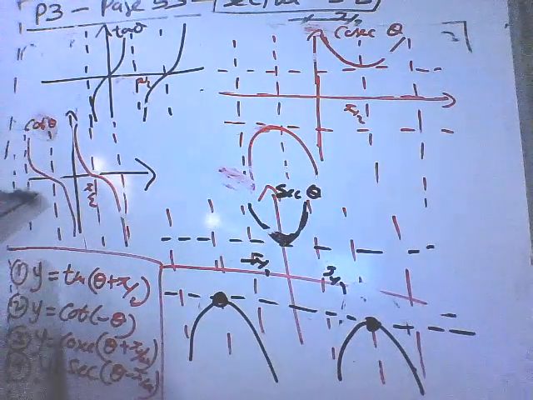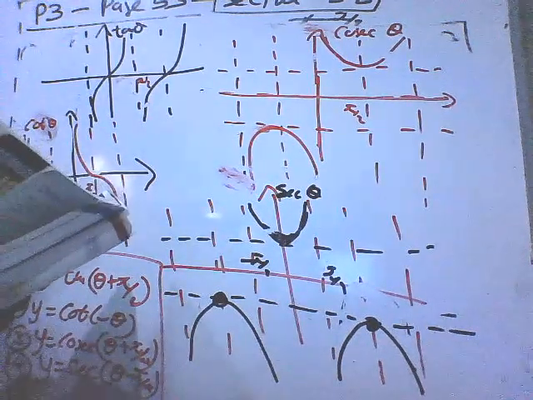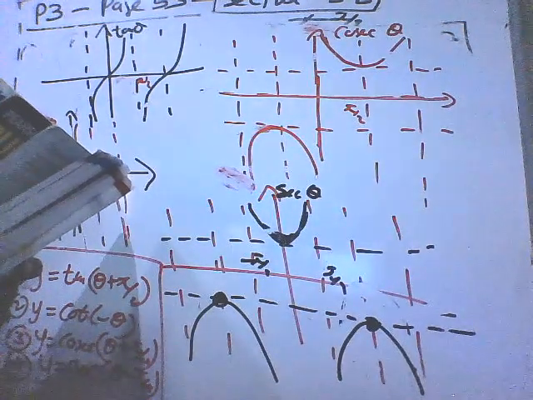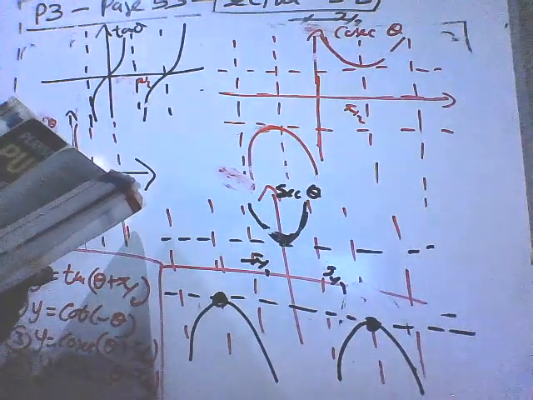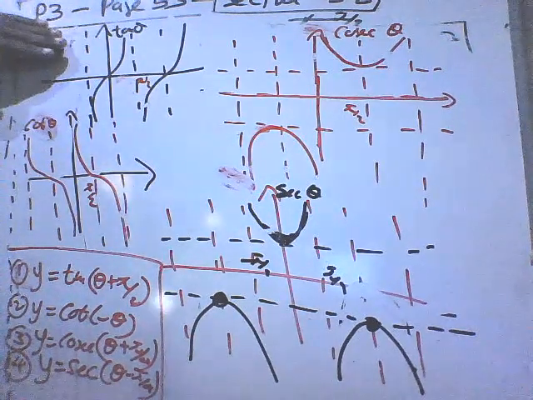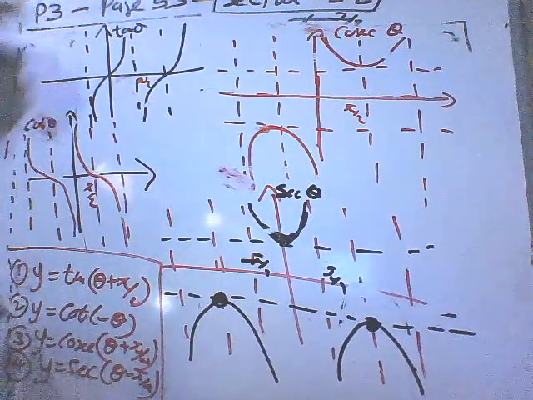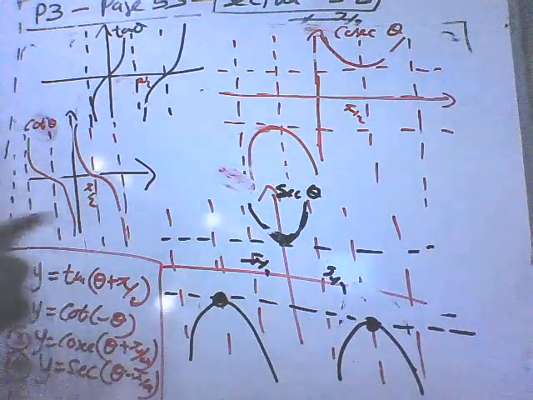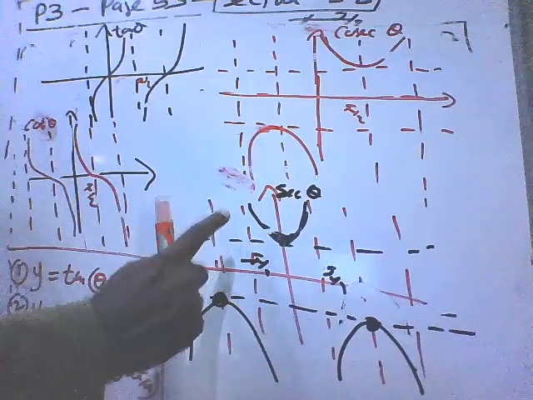Now we will see the 7th question. The 7th question also asks us to sketch these graphs on separate axes. So first of all we should know tan theta, sin theta, cos theta, but we also have to know what cot theta, sec theta and cosec theta look like.